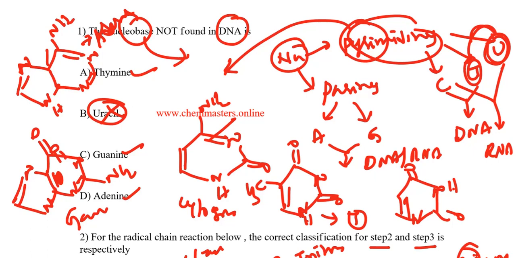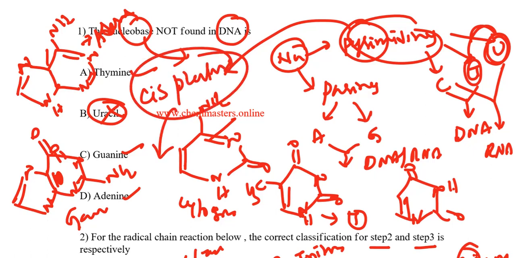Here I can ask you one question: where will the DNA nucleobases or purines make a bond with cisplatin? Do you know the importance of cisplatin? Just try to check its function. We already had a question in CSIR, whether N9 or N7. So which nitrogen will connect with cisplatin?